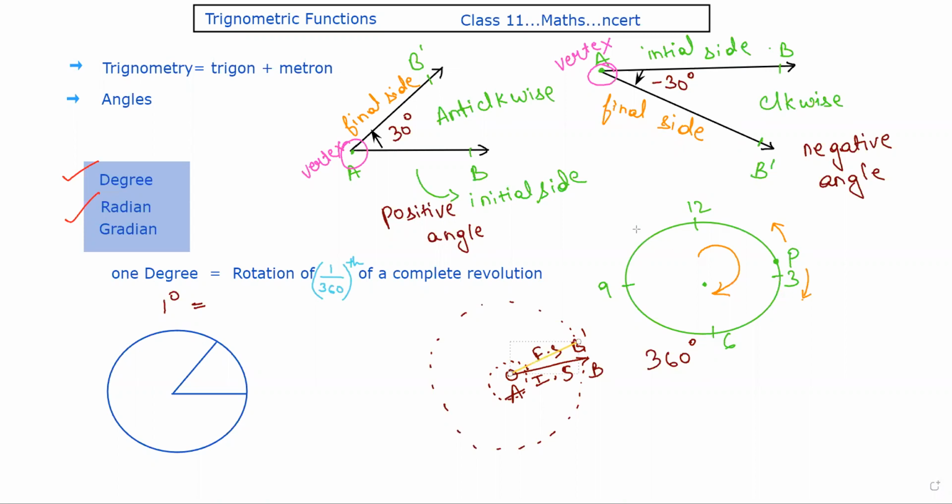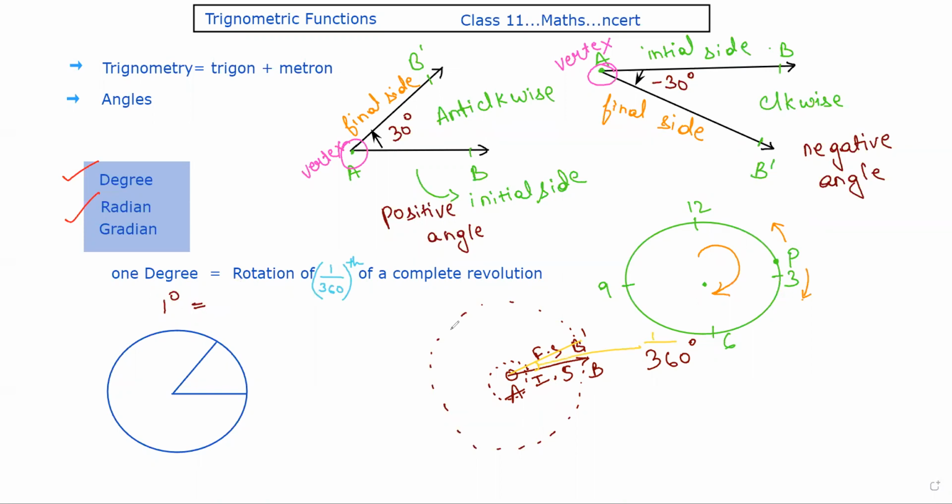This angle formed is 1 upon 360 of a complete rotation, the angle formed between OB and this next point, say B dash for the time being. Similarly, if you add up all the 1 by 360th parts together, you will form a total angle of 360 degrees. The definition is not very important, but you should know about it.